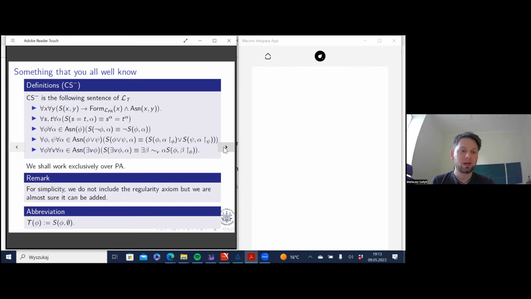Now a satisfaction class, once again: S is a satisfaction class if M S is a model of CS minus. This is my basic definition, and all models under consideration are models of Peano arithmetic.